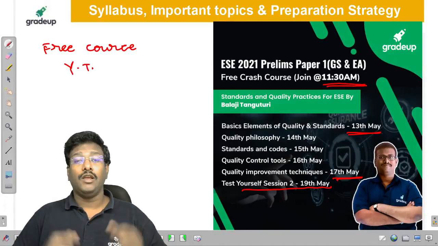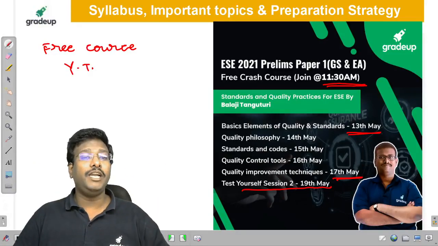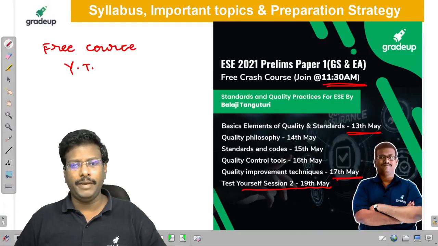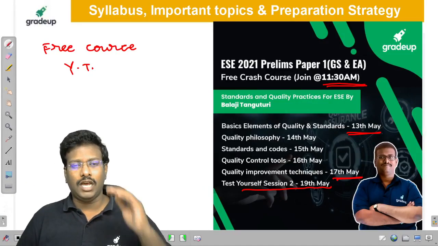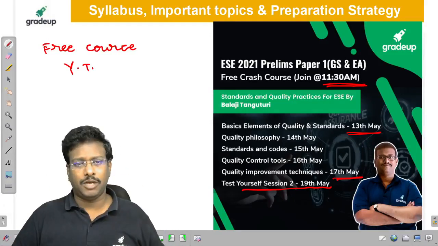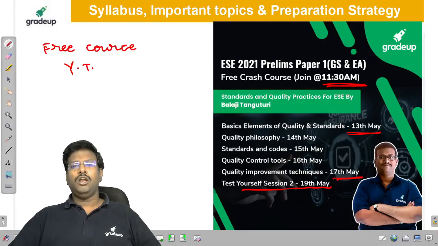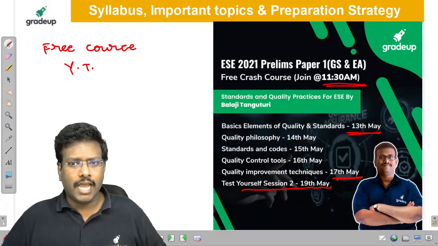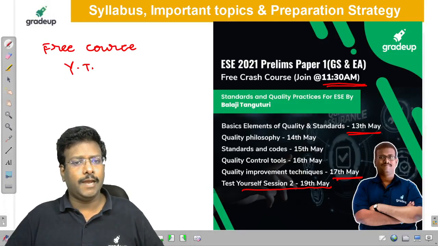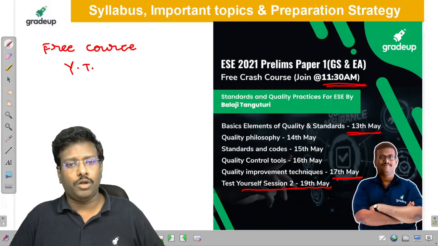And one more thing, you learn the exact answer for the given question, so you will be doubly benefited. Then you can give competition to the people at the top. So try to be in the top and learn as much as possible from the lectures. This is going to be the most useful session for you, my dear friends. Don't miss it, and we will catch you on 13th May at 11:30 a.m. Try to keep this in your diary, and we are going to meet on that day.